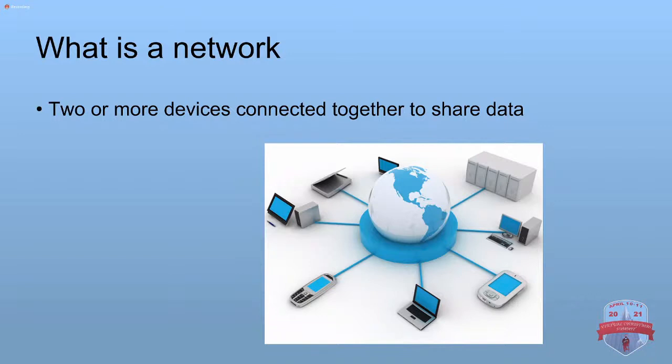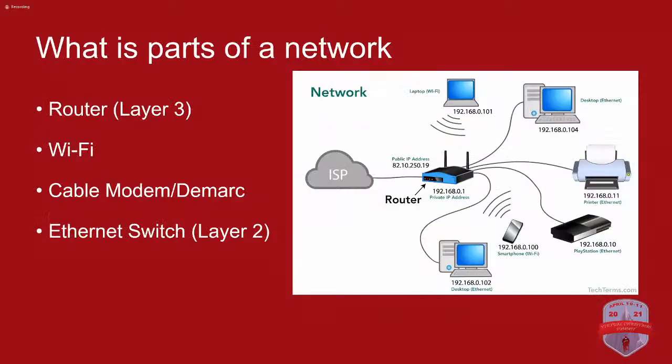So when you break down a network, it's really simple, right? What do you have? You have a router, which is what we call layer 3, and this does your routing from the inside to the outside network, and can tell you where other devices go inside your network. If you look at this diagram, you see right beside the ISP is your router.